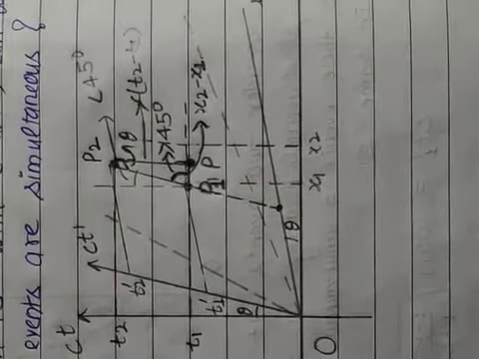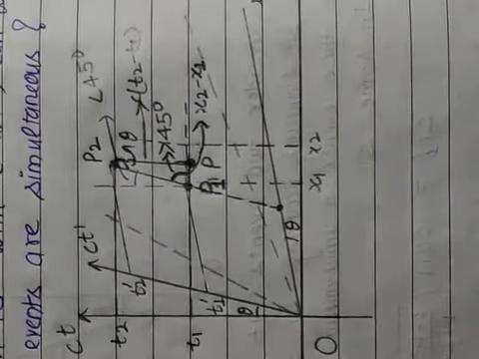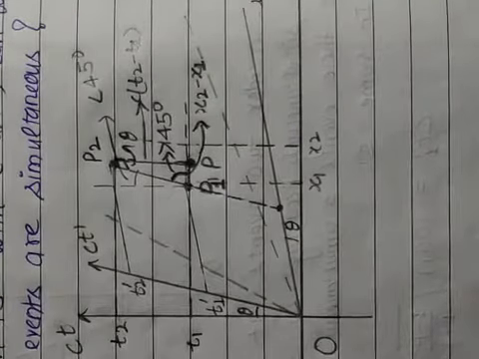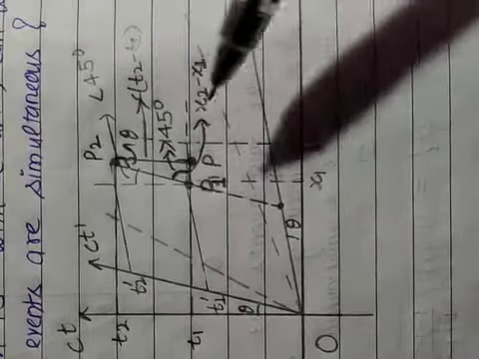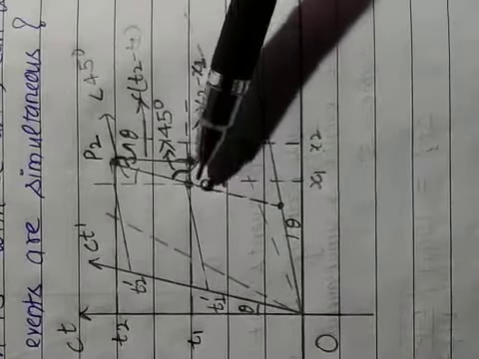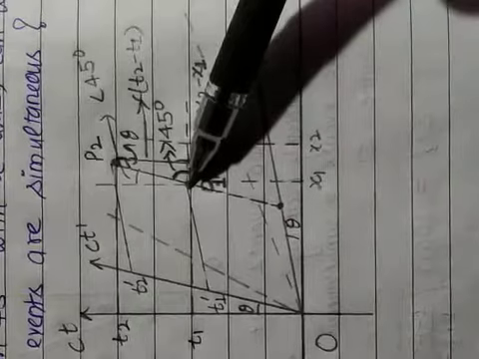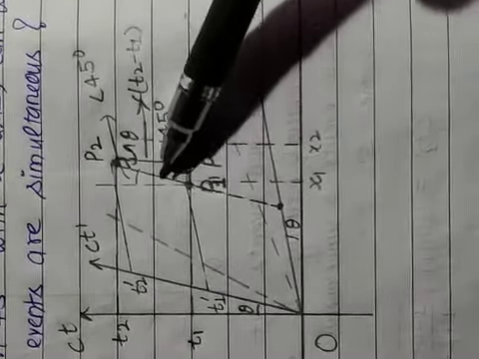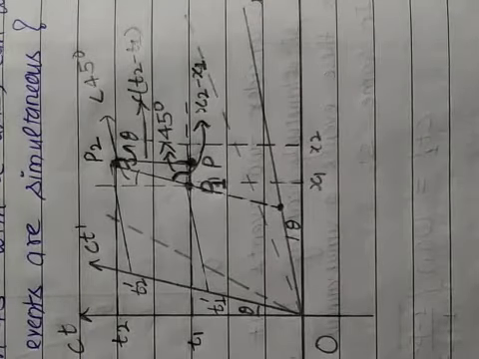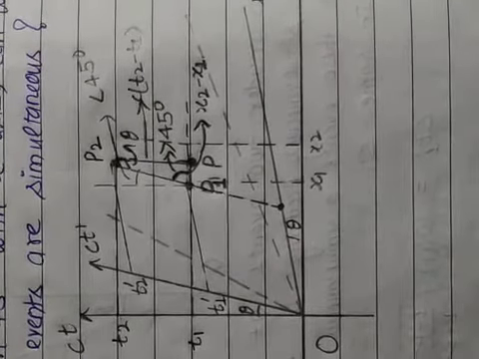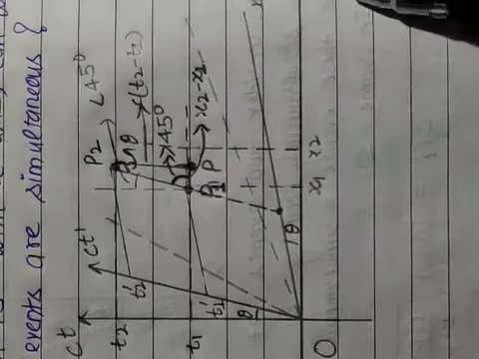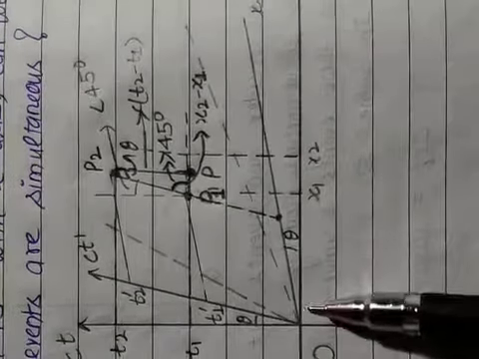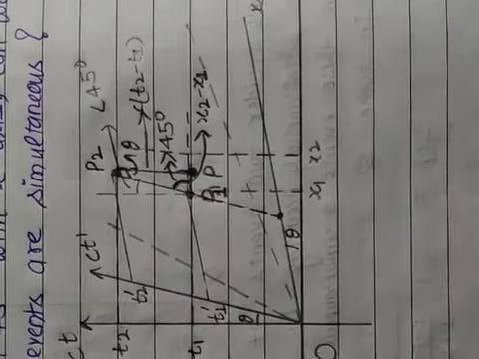The line joining P1 and P2 is purposely drawn so that it makes an angle greater than 45 degrees with the x axis of the S frame.